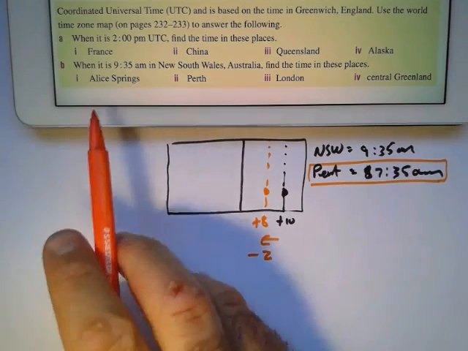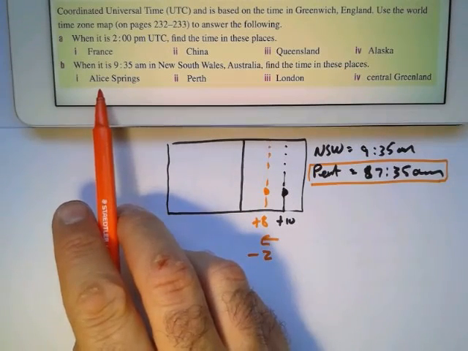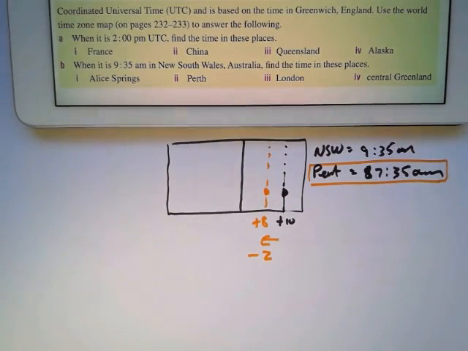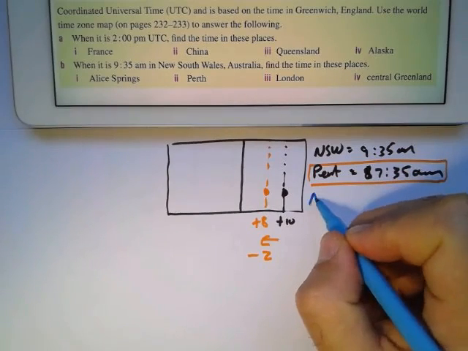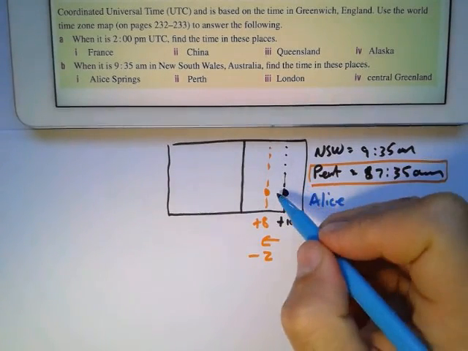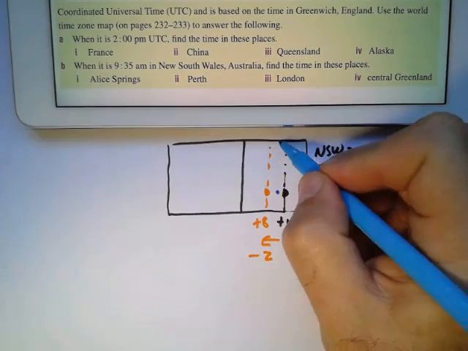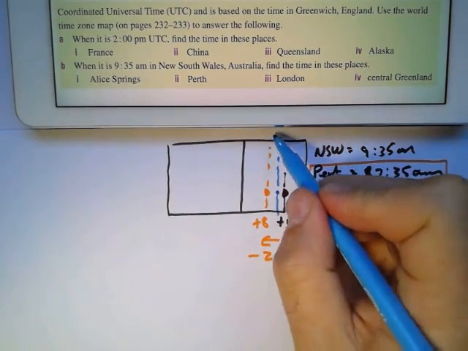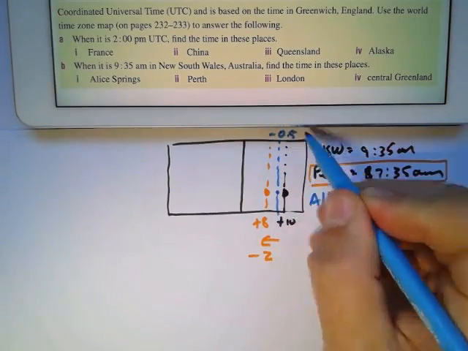What is it in Alice Springs? I missed Alice Springs. Where's Alice Springs? Alice Springs is in the central, in the middle, so it means it's -half an hour. So Alice Springs is over here, it's on this line over there, which makes it -half an hour.